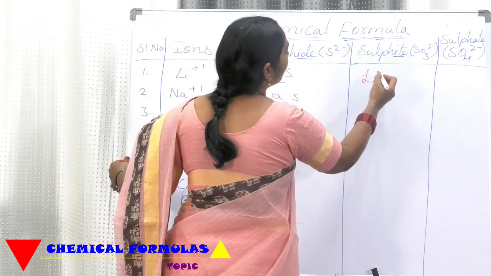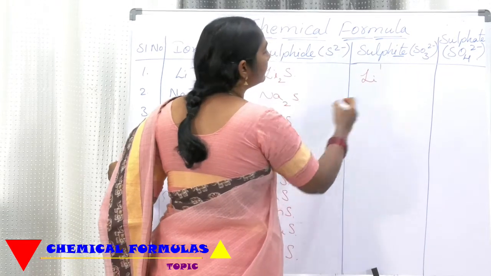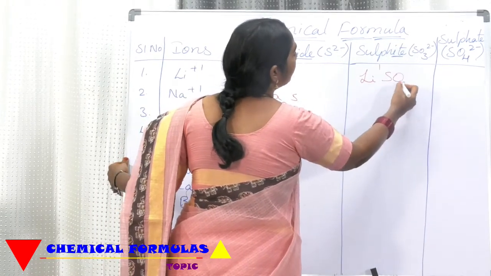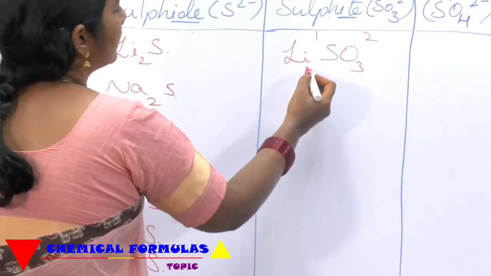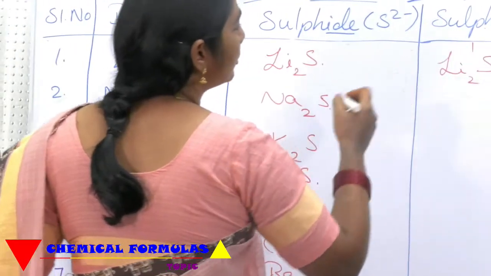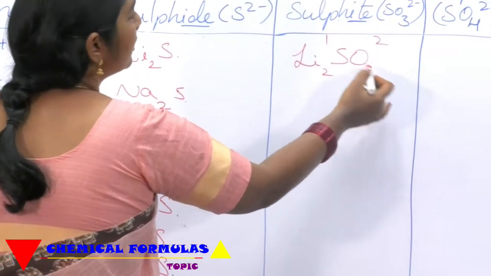Lithium. Already we know Li, 1 is the valency. SO3 2 minus. Sulfite, for sulfite SO3, this 2 comes here, means Li2SO3. See here, 1 is going here.